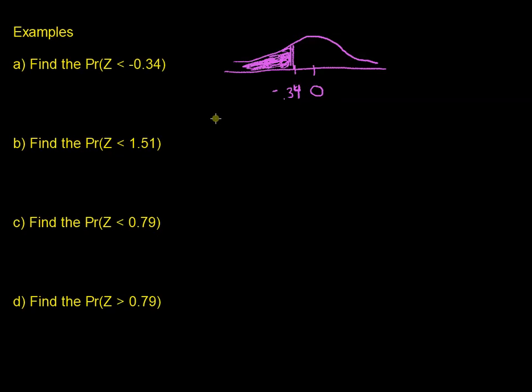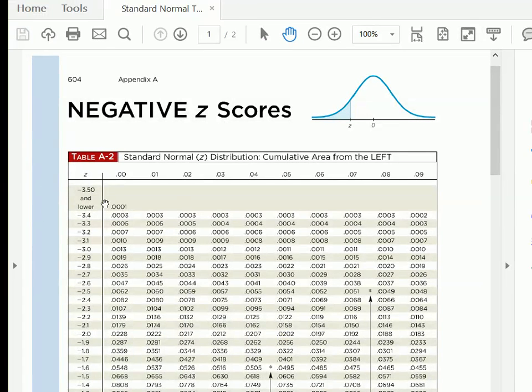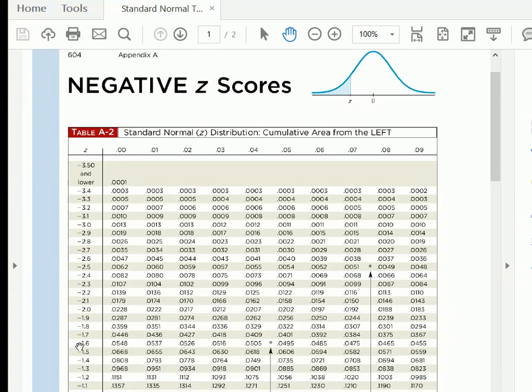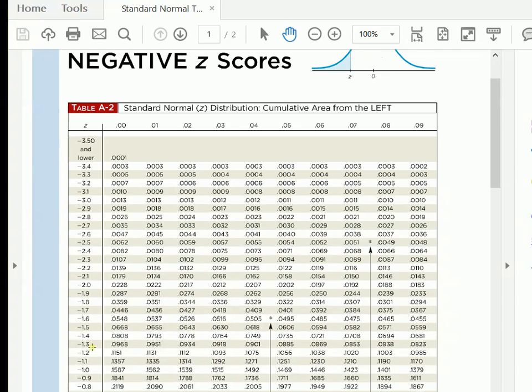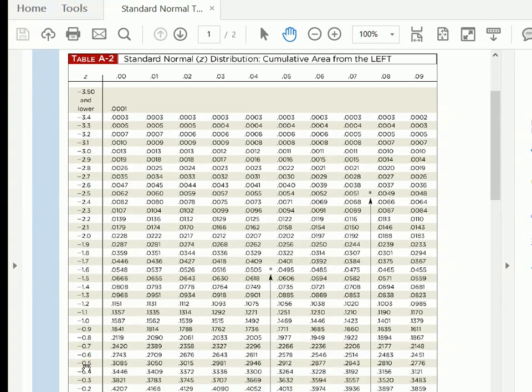All right, let's go ahead and pull up the table. We're going to start by looking over here on the left-hand side, and we're going to look for negative 0.3. There it is at the bottom, negative 0.3. And we're going to go over to 0.04. Remember, the number we're looking for is negative 0.34.